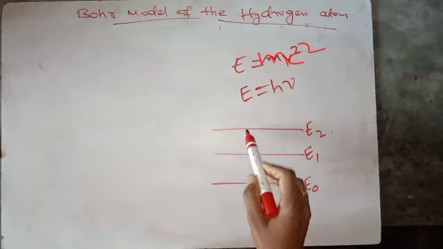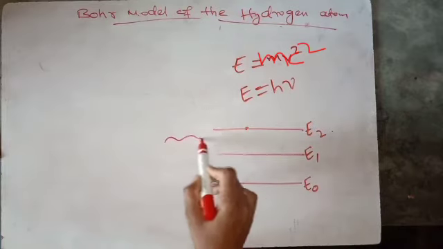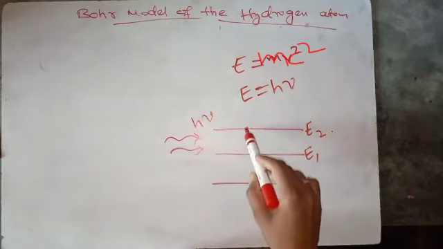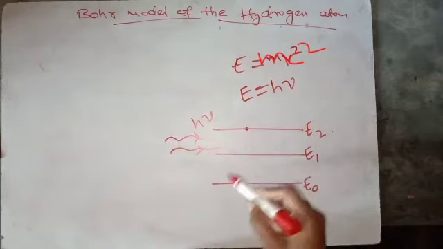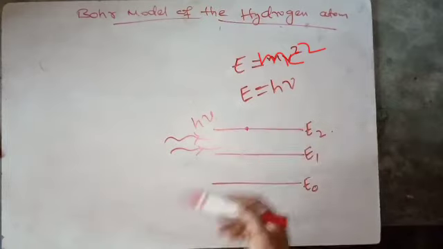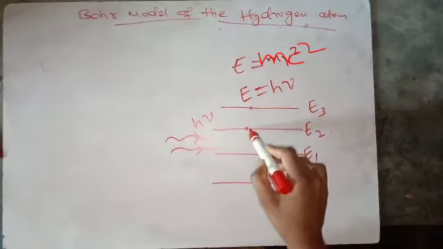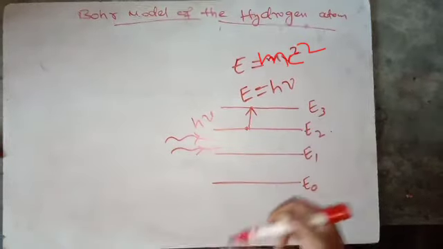If the electron is in the second excited state and I give some energy h nu to this electron, what happens? This electron will absorb h nu energy and move to a higher energy state.